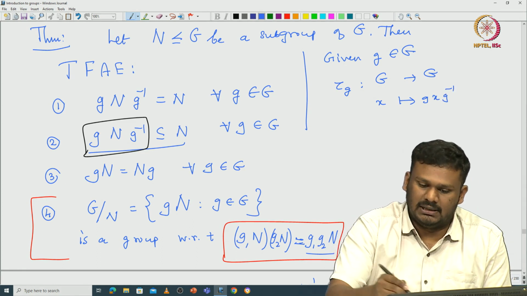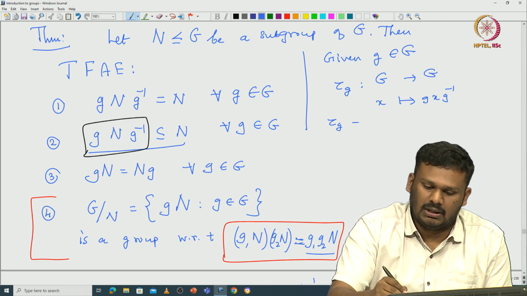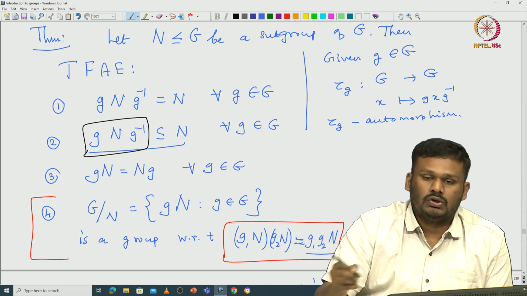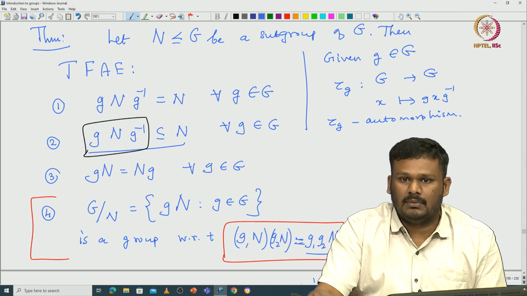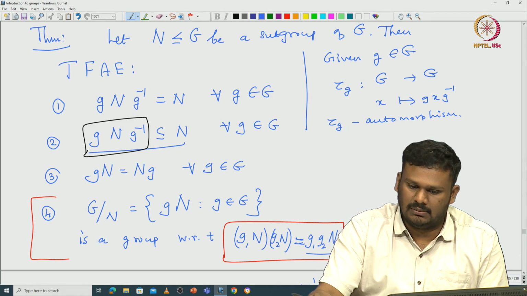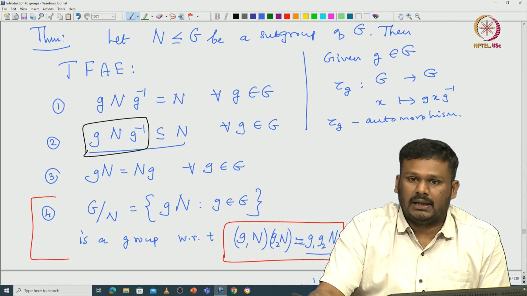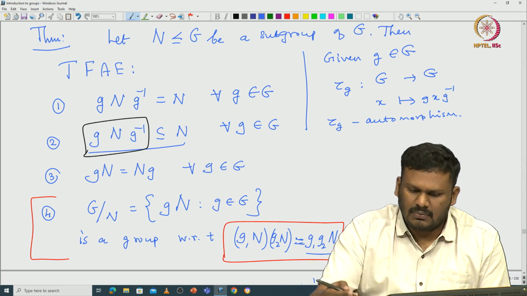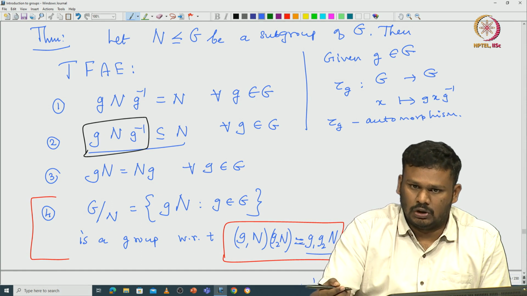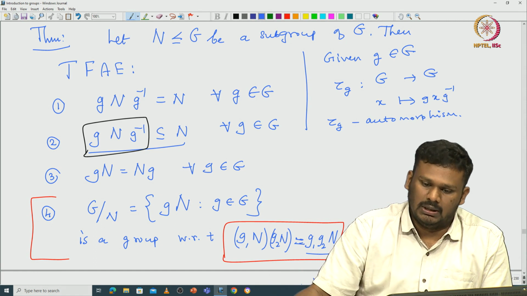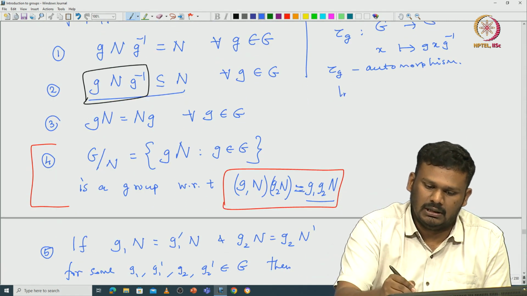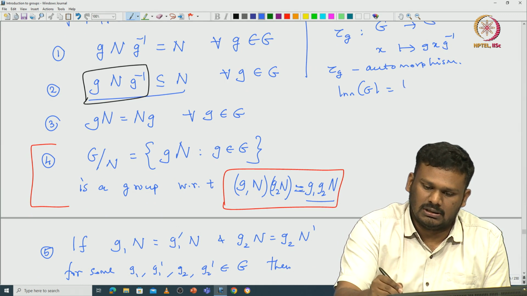Then one can verify that this tau g is indeed an automorphism of G. So what is an automorphism? It is an isomorphism from G to G. Okay, that is something one can check immediately. Then if you take these tau g, which are elements of the automorphism group of G, they form a subgroup of the automorphism group of G, which is called the inner automorphism group of G.